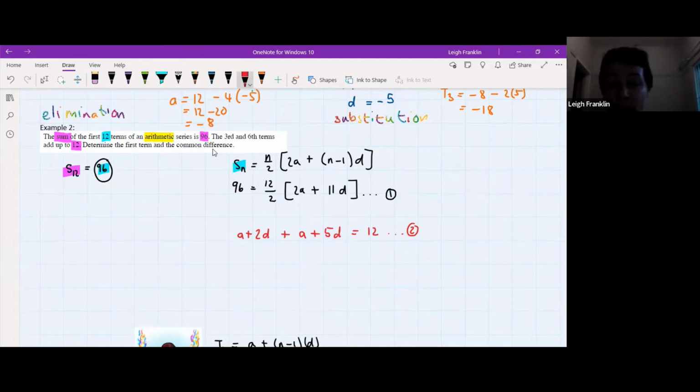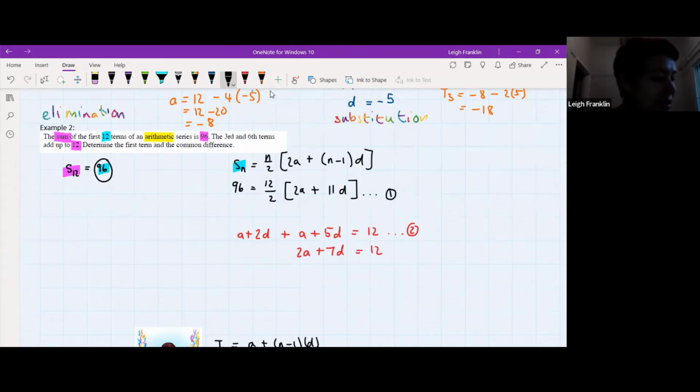Now I need to collect like terms. So on the left-hand side, I've got 2a plus 7d is equal to 12. Over here, if I just simplify this a little bit, is there a question? Okay, sorry, it's Lejo. So 12 divided by 2 is 6.